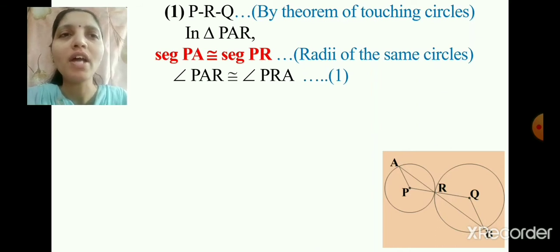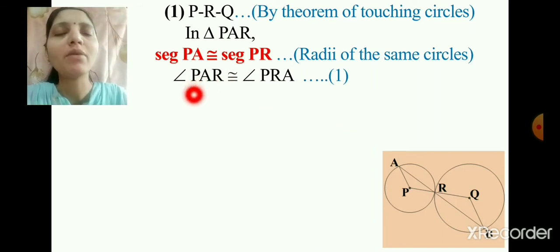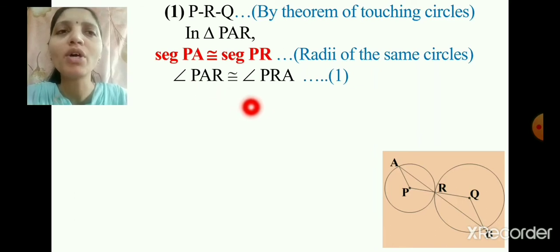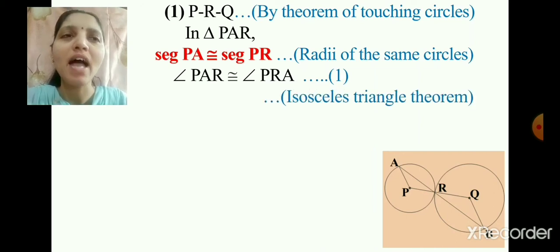So in an isosceles triangle, the angles opposite the congruent sides are also equal. Therefore, we can write here angle PAR is congruent to angle PRA. Write this as equation 1, and the reason you will write as isosceles triangle theorem.